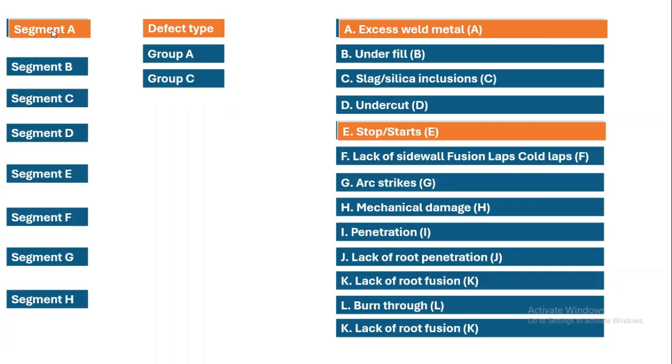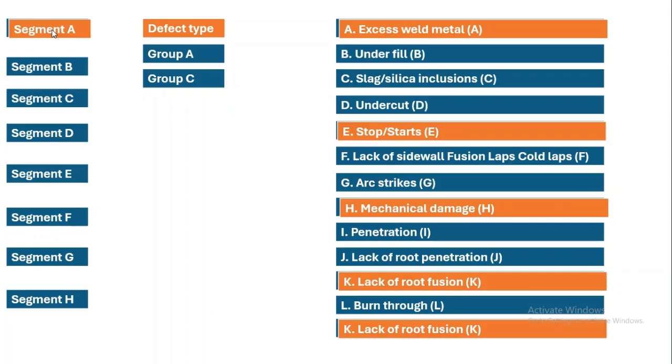Once you marked, it will be highlighted. You can see these are the defects you identified, and you can verify with your rough sheet whether we marked properly or not. Okay, mechanical damage. If you notice mechanical damage, you have to mark. And if you notice lack of root fusion, or concavity.